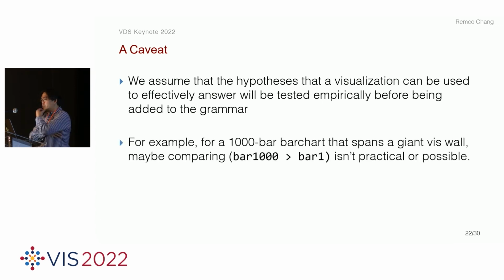For instance, let's say I give you a 1,000-bar chart that spans an entire giant viz wall. Maybe comparing if bar 1,000 is greater than bar 1 is neither practical nor possible. I don't know. So if you have a very specific context, then the grammar might have to change.